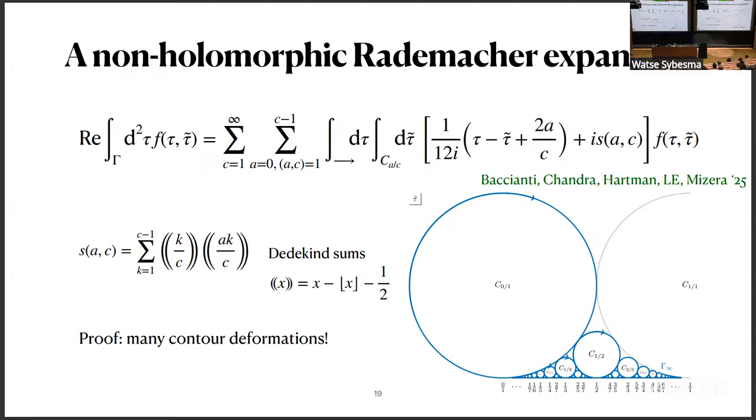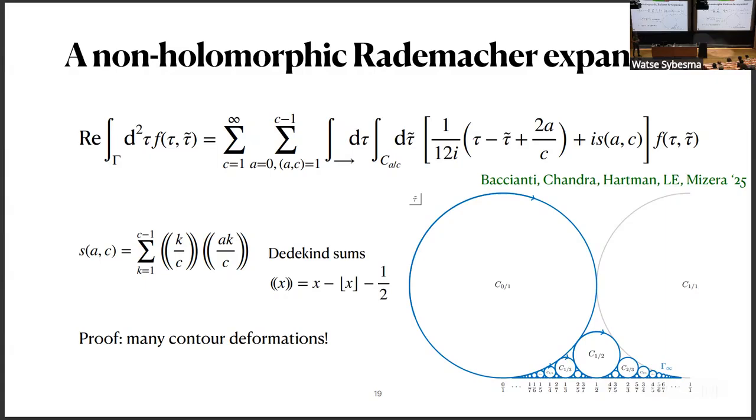Yeah, the main point is that this is a sum over all these kind of Ford circles, and there's some additional factor that doesn't really matter, but technically it's there. And there's some kind of analytic number theory magic of some Dedekind sums and so on. You don't really have to worry about it. The main point is that you can write this integral as the sum, and all these integrals will be easy to evaluate, because again, you can push horizontal integrals towards the cusp.